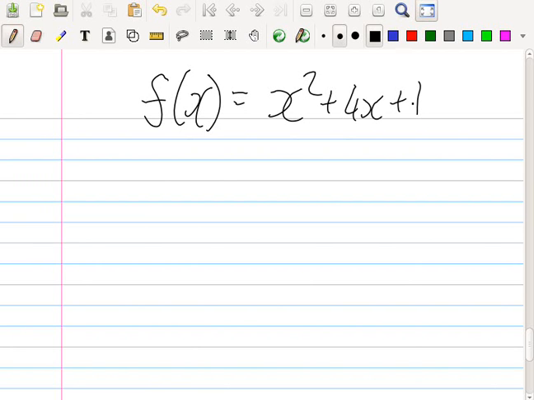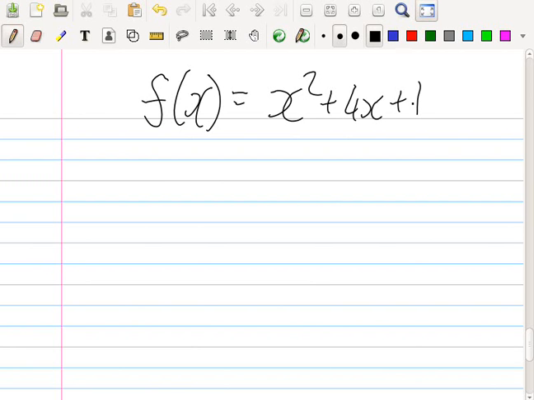If I put x as -1, what do I get? I get 1 minus 4, which is -3, plus 1 is -2. Okay, and if I put in x is -3, what do I get? 9 minus 12 plus 1, which is -2, the same as the previous answer, isn't it?